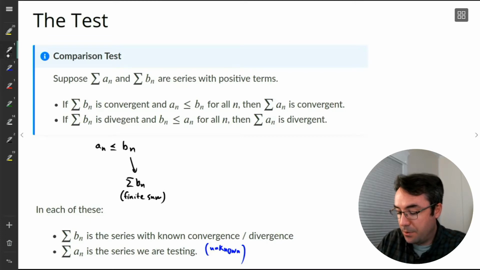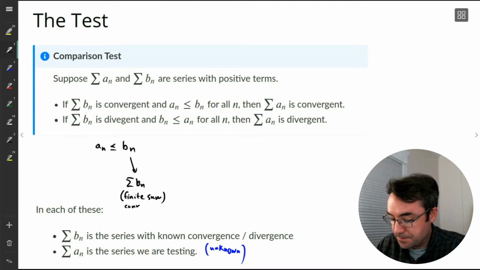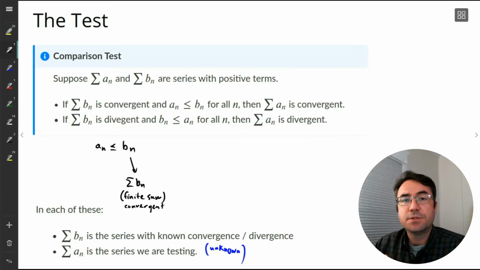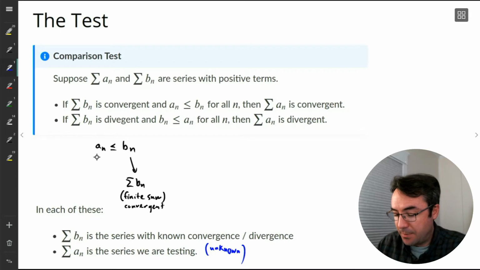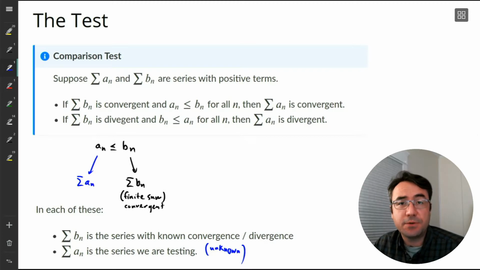We know that because it's convergent. So if we're adding up all these bn terms and we get a finite number, then what happens when we add up all of our a terms? If we add up all of our a terms, we should also get a finite number, because each of those terms is less than or equal to bn.